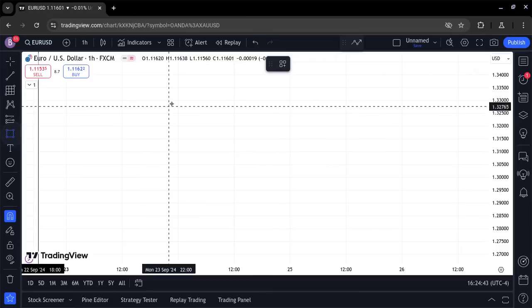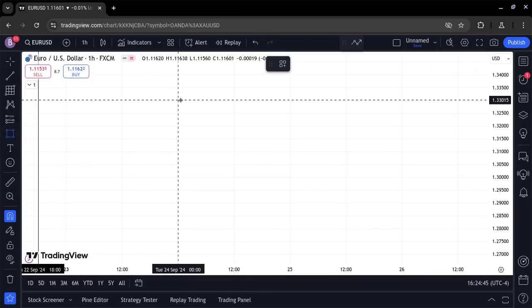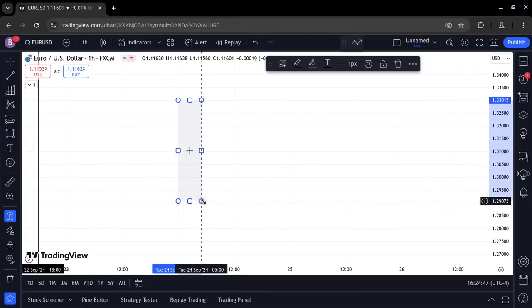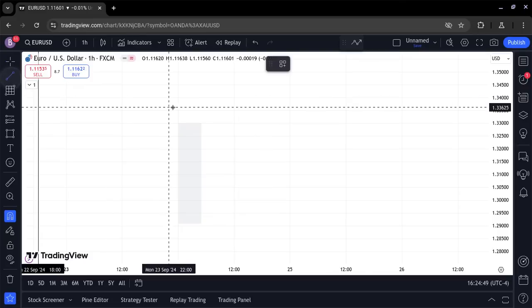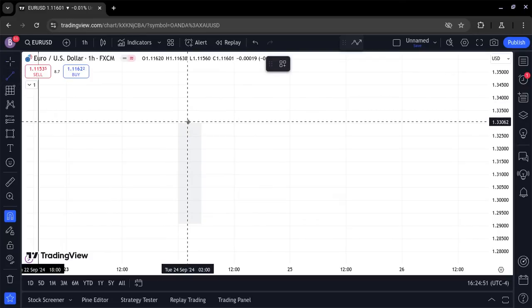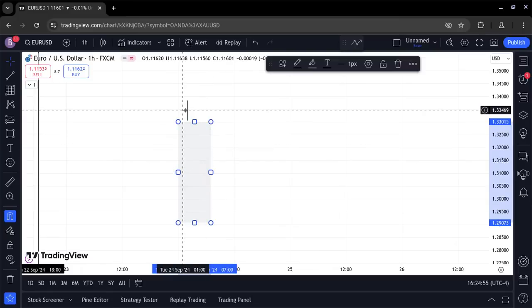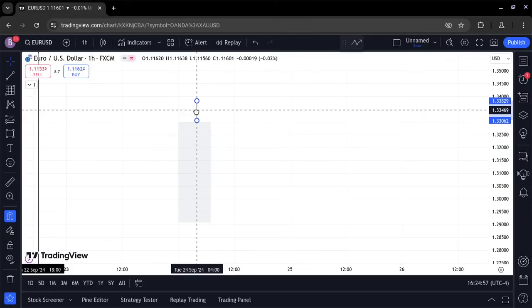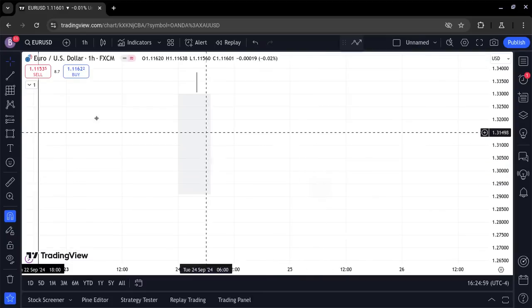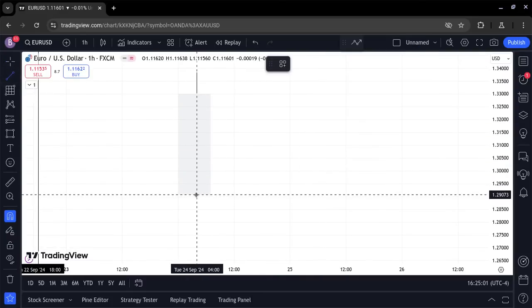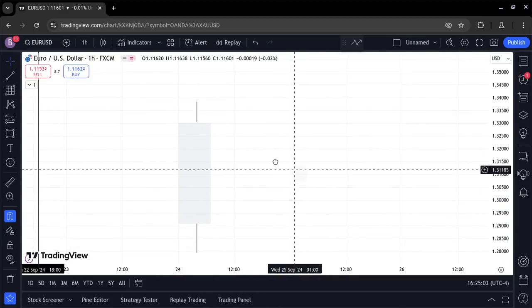candle range. Okay, this is your 5 a.m. candle. Okay, this looks good. Okay, this is your 5 a.m. candle.